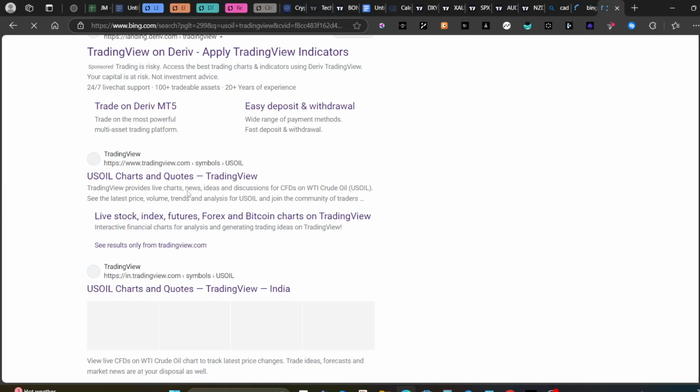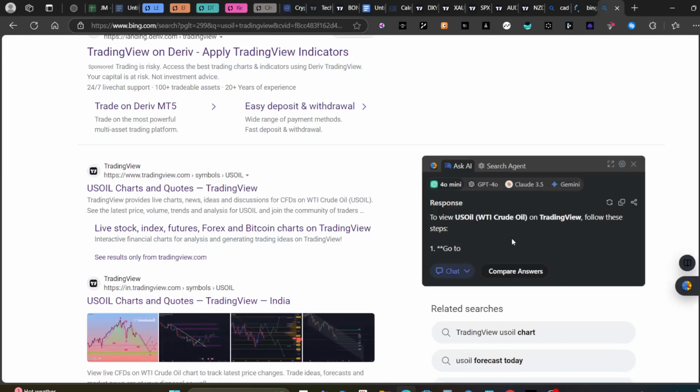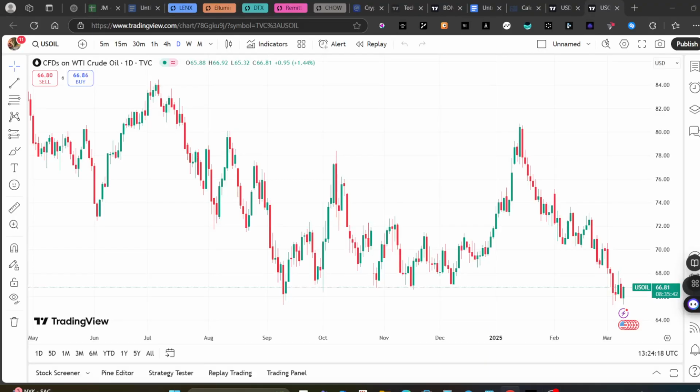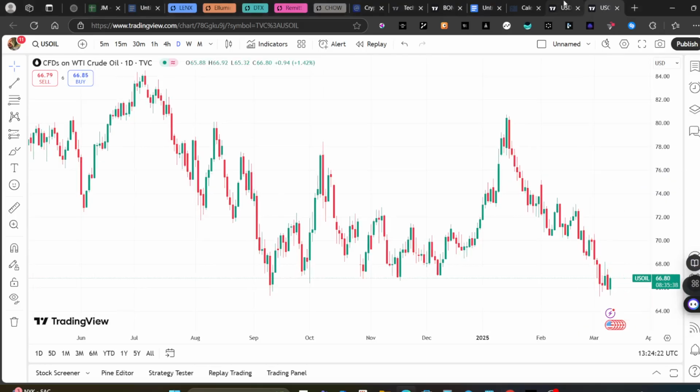So when oil prices rise, the CAD tends to strengthen.